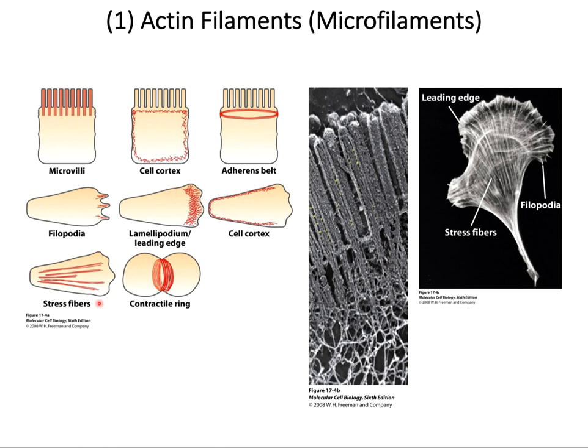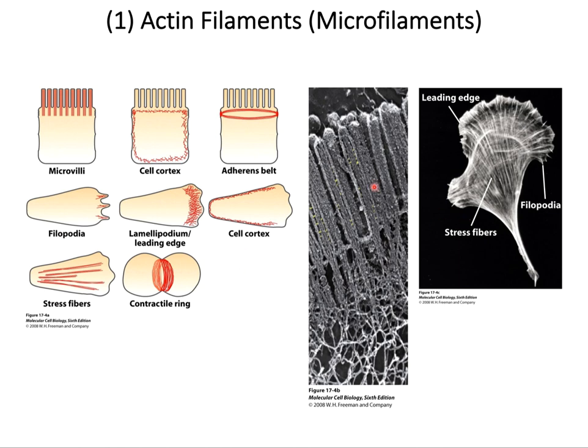In a number of cells, both motile and non-motile cells, actin filaments make up these stress fibers, and they assist the cell in adhesion. And again, we are going to talk about these stress fibers more when we study the cellular interactions. Finally, in dividing cells, you can see the contractile ring is rich in actin filaments.